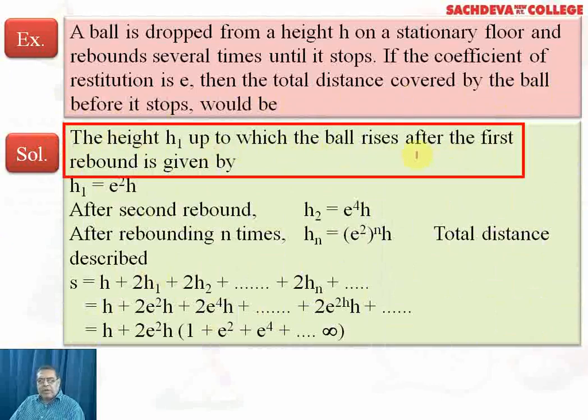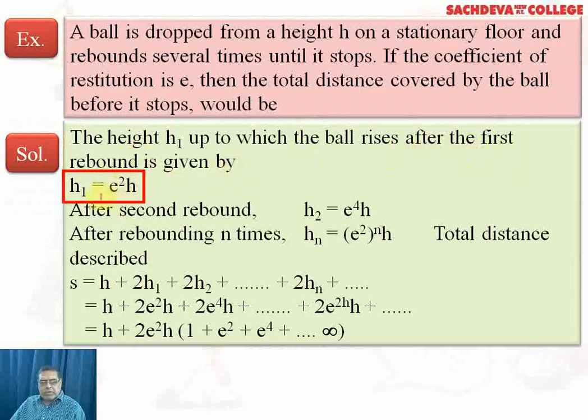We drop the ball, it will rise, and the height after the first rebound is h1, equal to e square h, that is the square of the coefficient of restitution multiplied by height. After the second rebound it will be h2, that is e to the power 4 h. Then it will be e to the power 6 into h and so on. We will add it n times.